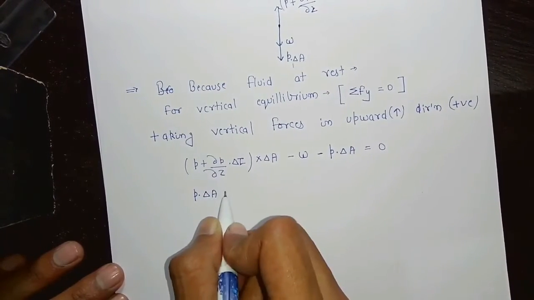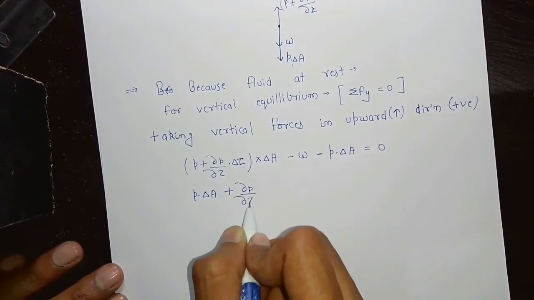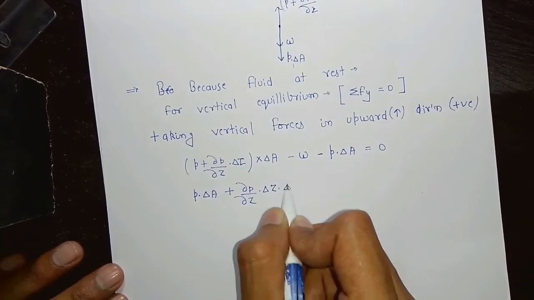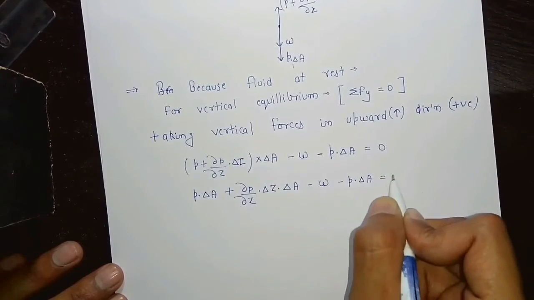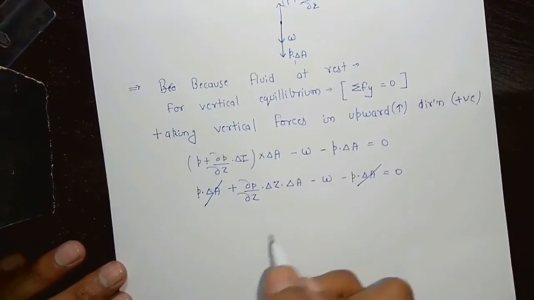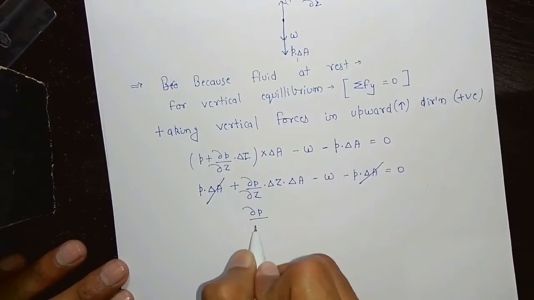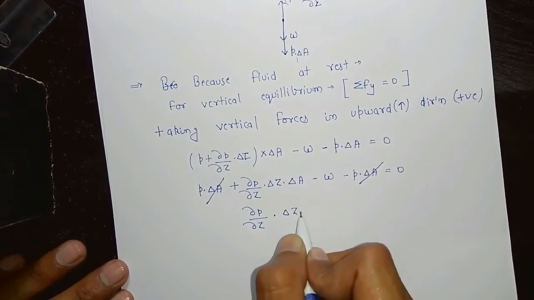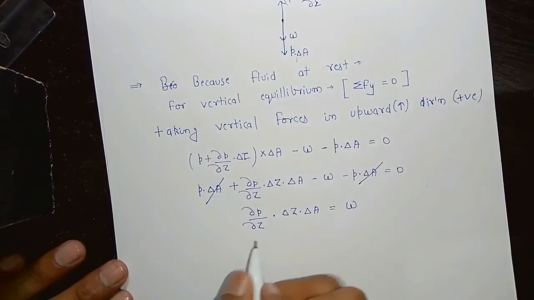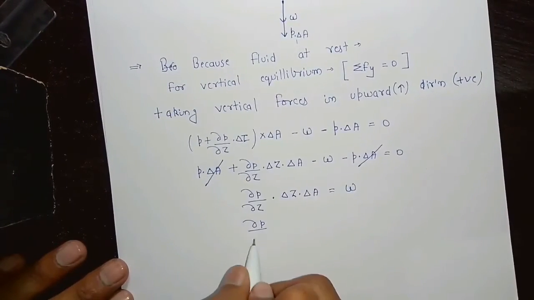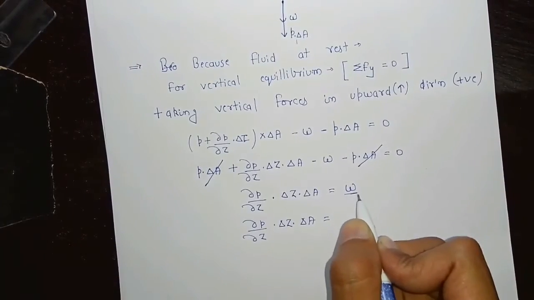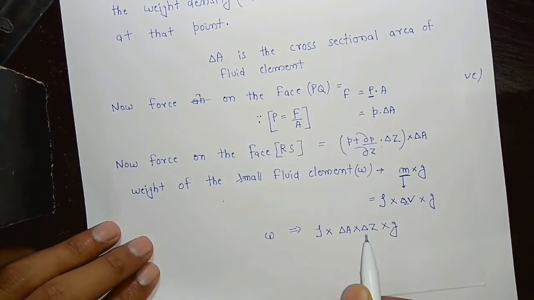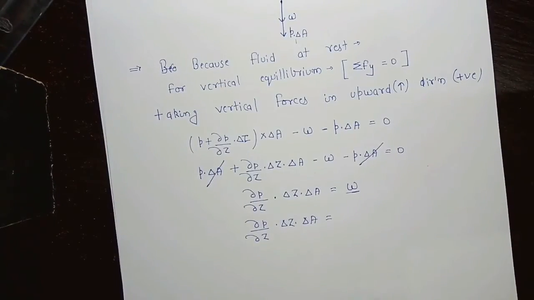By solving this, p into delta A and p into delta A cancel, and now W, weight of the fluid element, is equal to rho into delta A into delta Z into g.